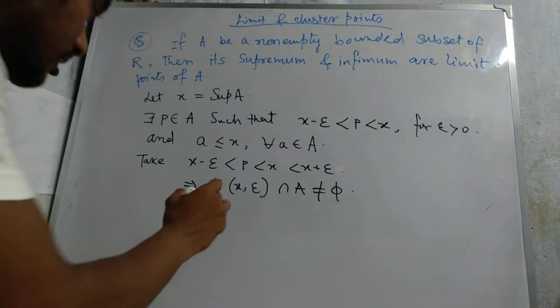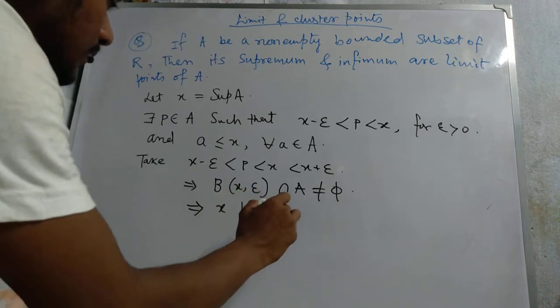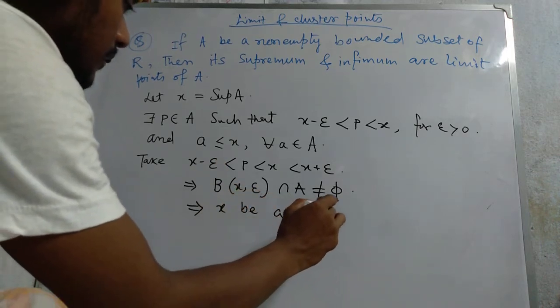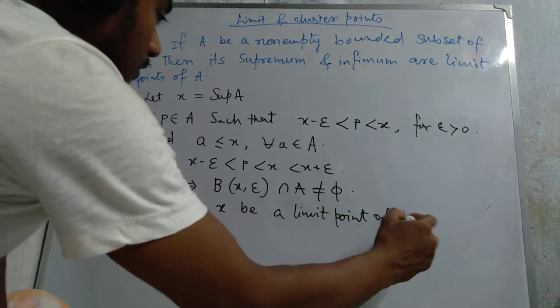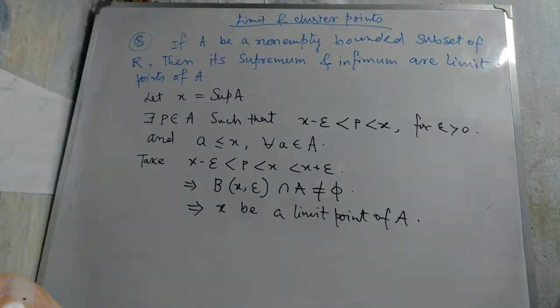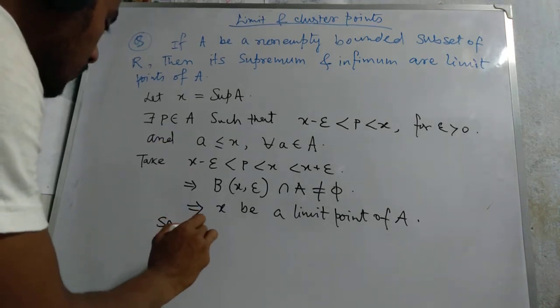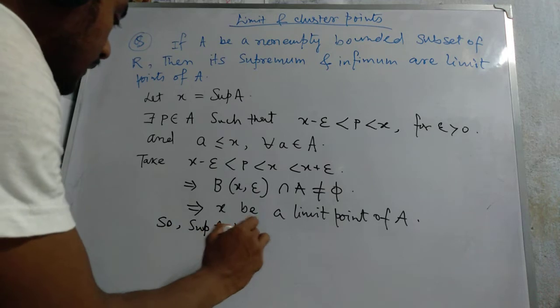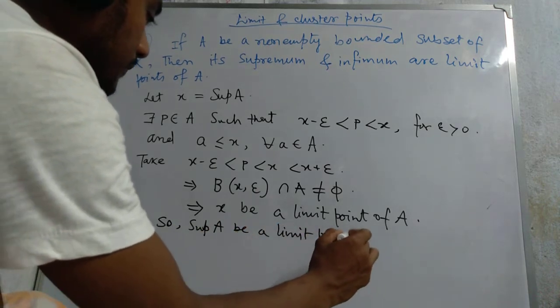Okay, this implies that x is a limit point of A. So supremum of A is a limit point of A.